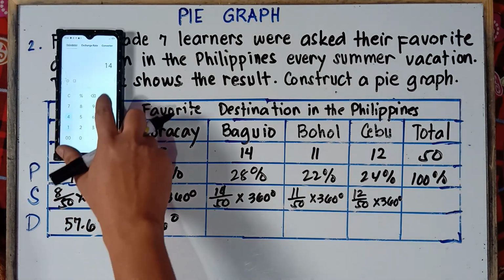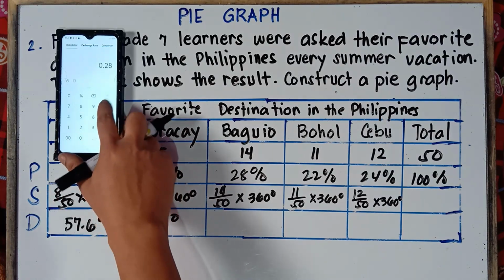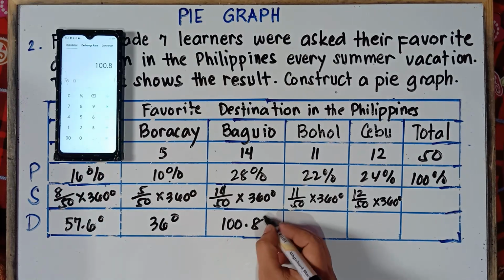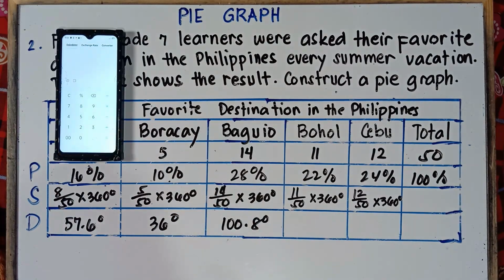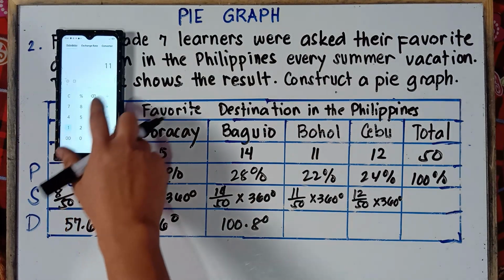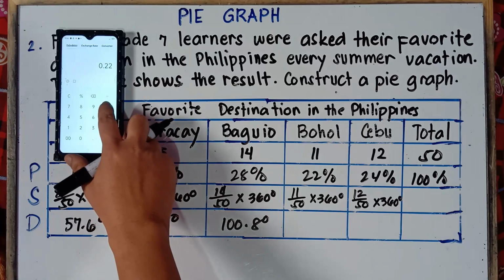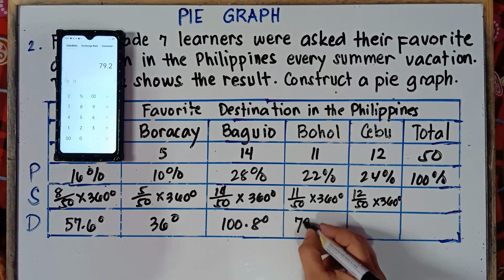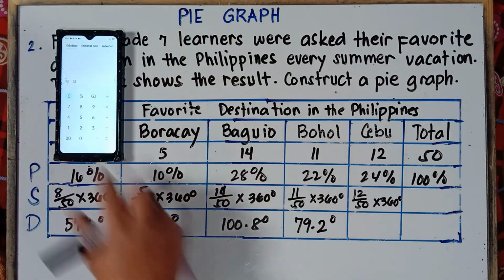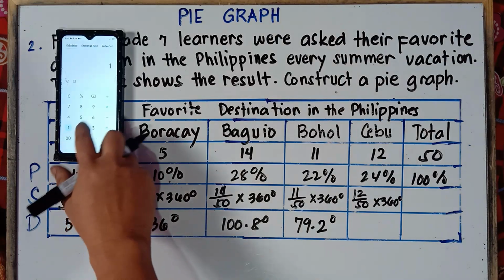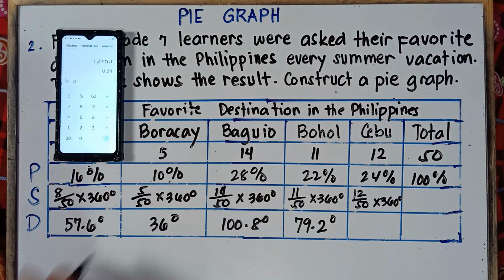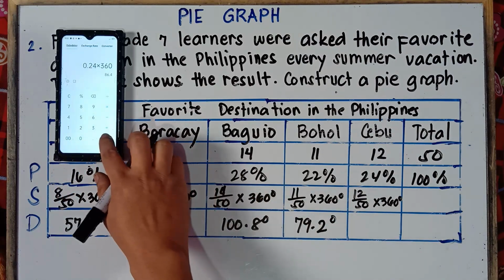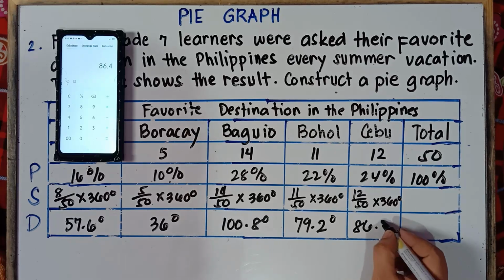For Baguio, 14 divided by 50 is 0.28, times 360, that would be 100.8 degrees. For Bohol, 11 divided by 50 is 0.22, times 360, that would be 79.2 degrees. And the last one, Cebu, 12 divided by 50 is 0.24, times 360, that would be 86.4 degrees.